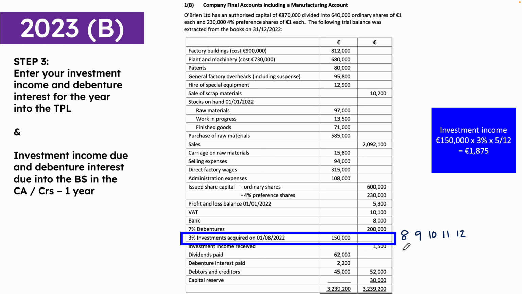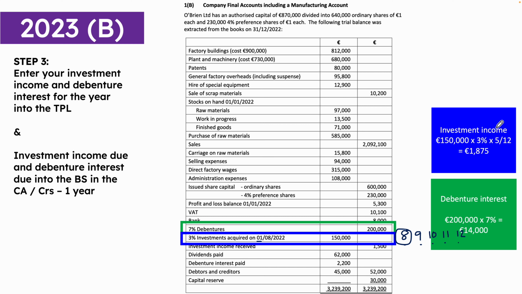So that is 5 months, okay? So make sure that you include the 8th month there, because you got them on the 1st of the 8th. So 150,000 multiplied by 3% multiplied by 5 over 12 is €1,875.